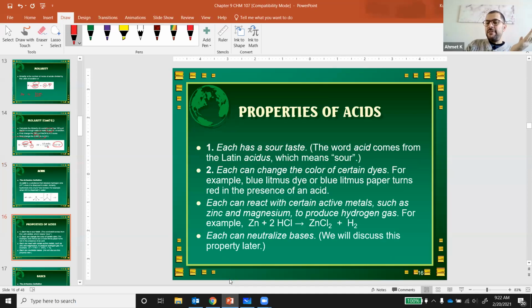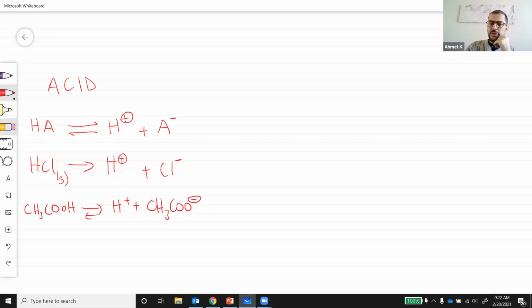And if you have an acid, we know it has a sour taste, because if you drink Coke or lemon, it's all sour. It will also change the litmus paper. If you have a blue litmus paper, how can you know if the solution is acidic? You dip the blue litmus paper in it, and if the blue turns red, then it means it's an acid.